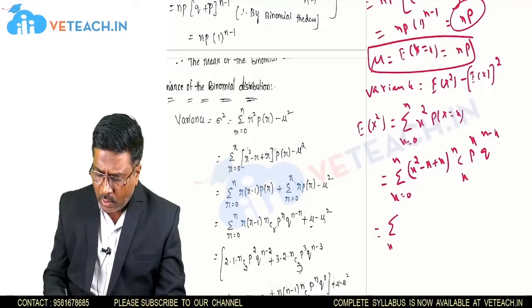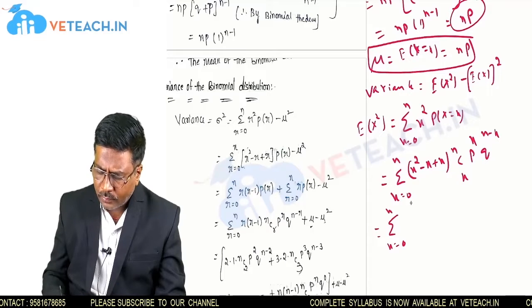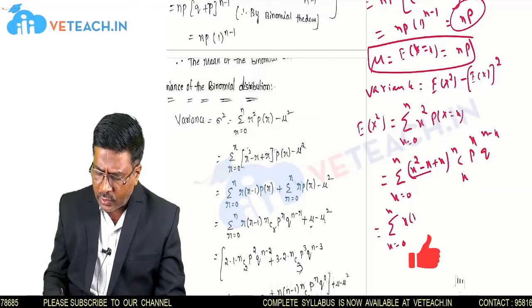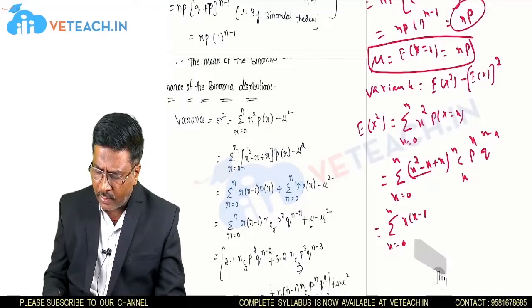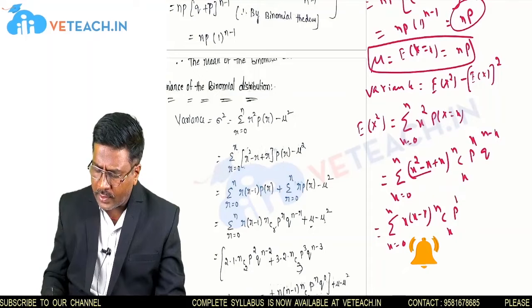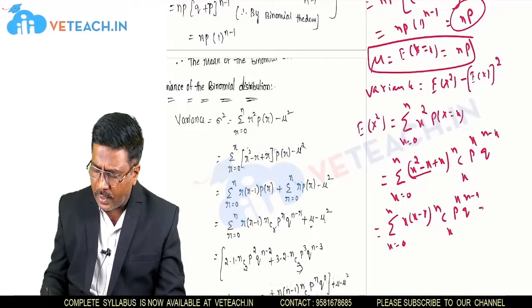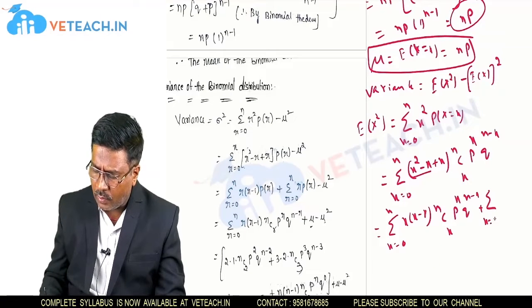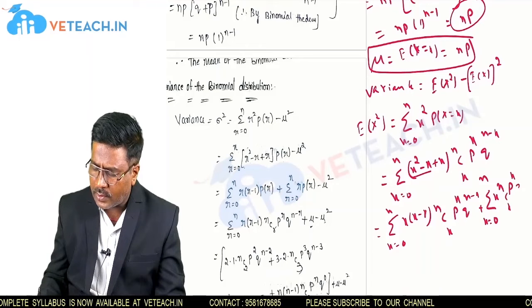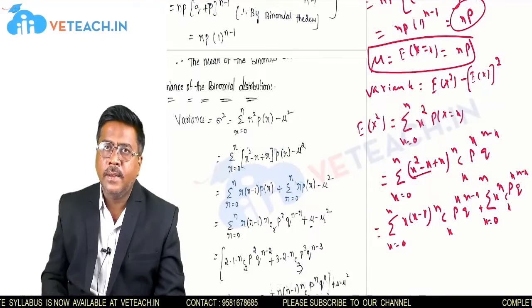So that is equal to sigma of x is equal to 0 to n. I want to take this as the first term, that is I have to take x common, x into x minus 1 into nCx into p to the power of x into q to the power of n minus x, plus the next one, sigma of x is equal to 0 to n, x into nCx into p to the power of x into q to the power of n minus x.